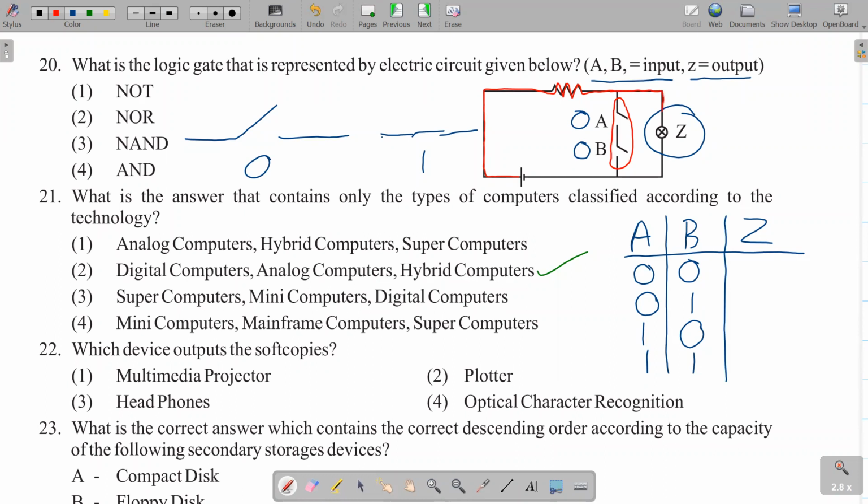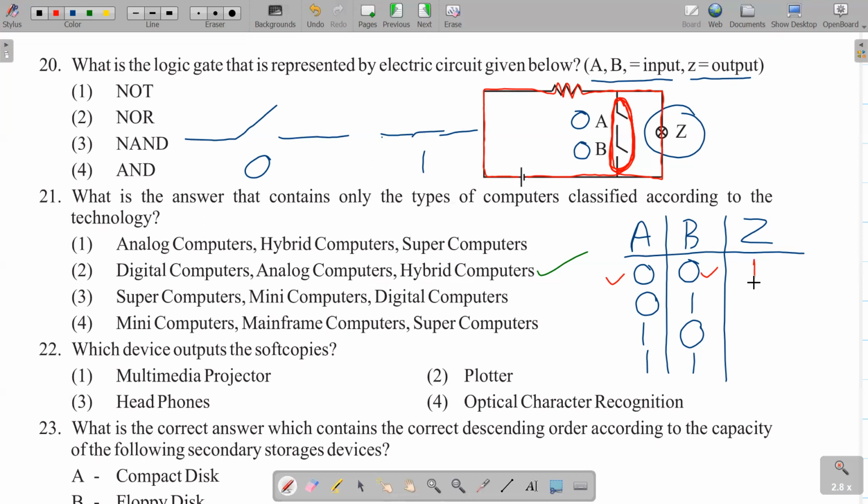So the electricity will flow over here and complete the circuit. That means until the current flows through here, the bulb will always be lighting up. That means 0 and 0, when both the switches are open, current is not going through the switches, so the bulb is lighting up.